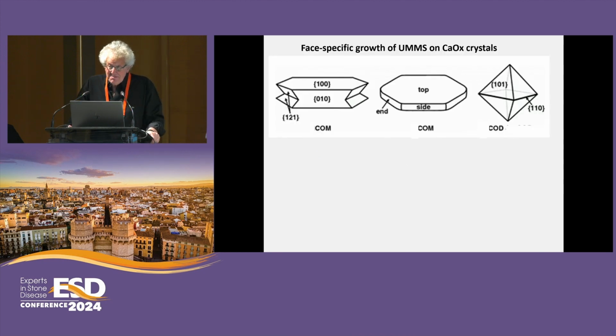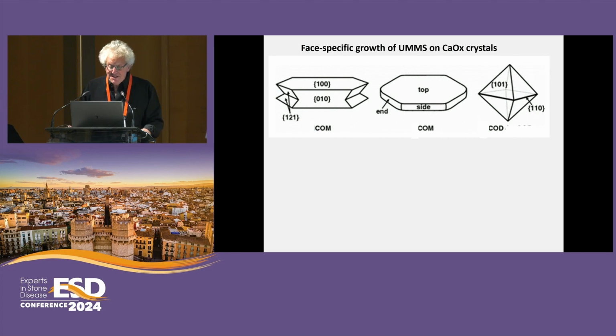Just to give you some idea, the first two diagrams are calcium oxalate monohydrate, and the one on the right is calcium oxalate dihydrate. There are different faces that crystallographers classify with these three numbers, and we don't need to go into that.